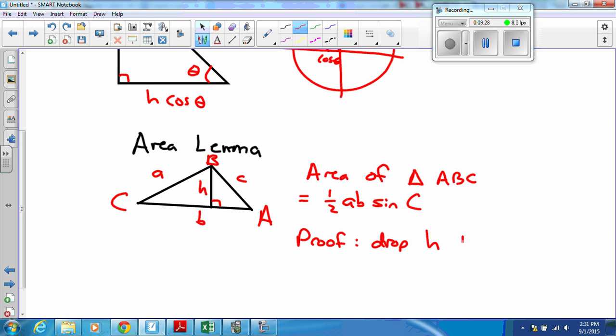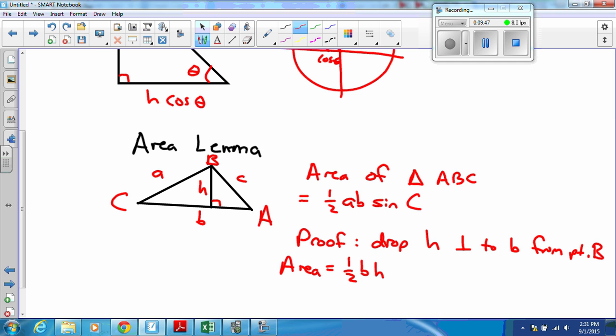Drop h perpendicular to side b from point B. And you may remember from geometry that it's always possible to do that. Okay? Now, having done this, the area is immediately equal to 1/2 base times height.